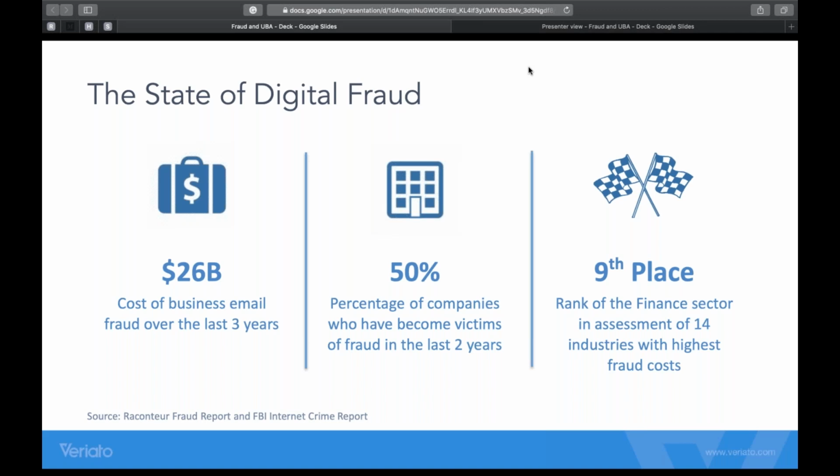Of those 14 sectors that were evaluated through this report, the cost of fraud was not the highest in banking or finance, but more so in energy and in professional services, in manufacturing and construction, and some of these areas that, for me at least, I wouldn't think of as the first place where there would be these significant amounts of fraud.